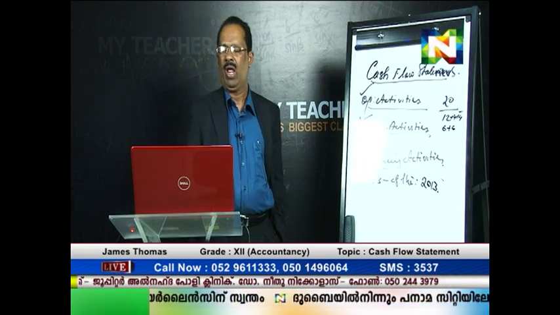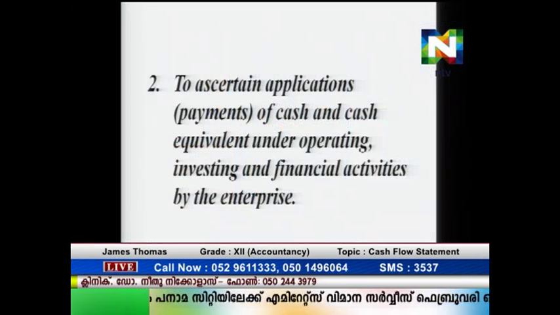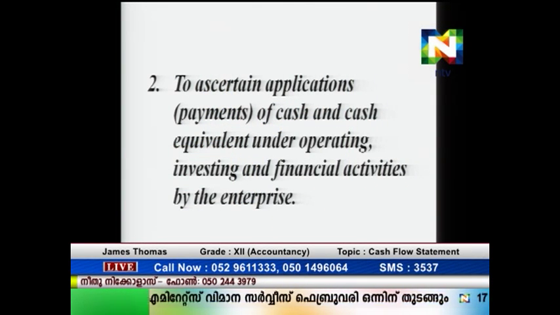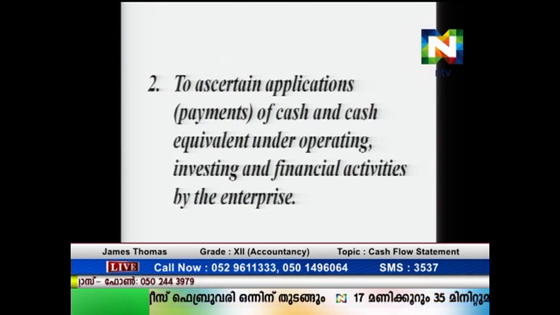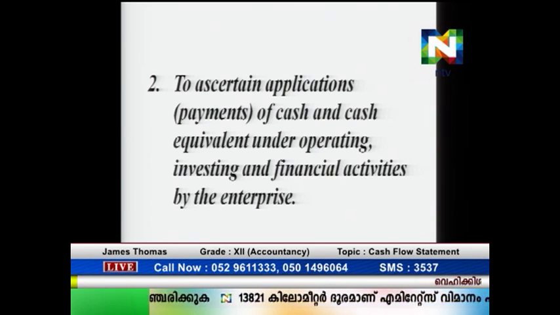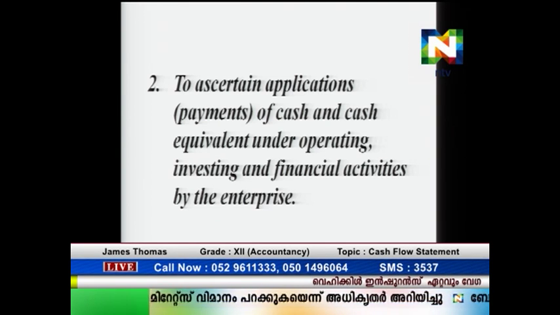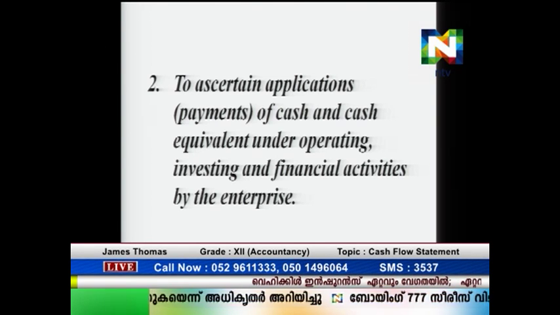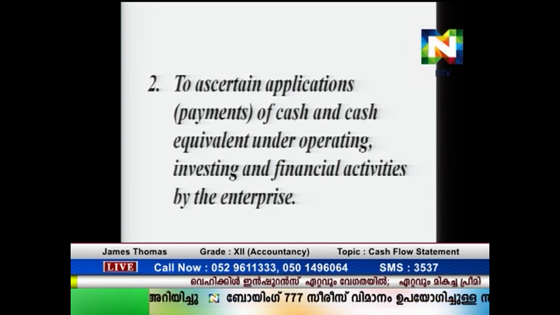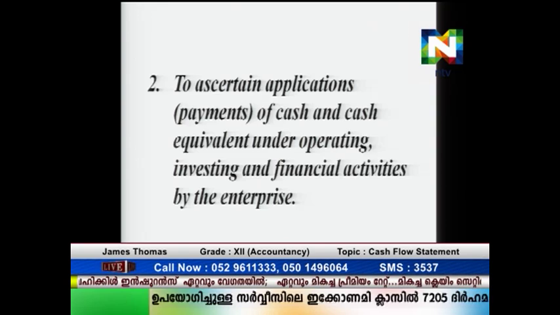That's the first point. And the second point, the second main objective of the cash flow statement, is to ascertain the applications of cash and cash equivalents under operating, investing and financing activities. The first point we discussed was the sources, and the second point is the applications under operating, investing and financing activities by the enterprises.